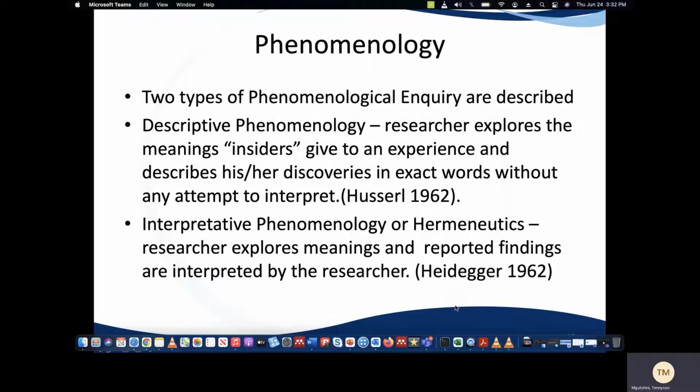Right. So you'll notice that the two types of phenomenology that I described there, one is descriptive, the other is interpretative. Descriptive is literally to do with describing your discoveries in the words of those that have spoken to you.